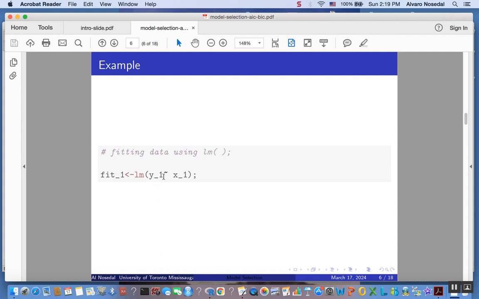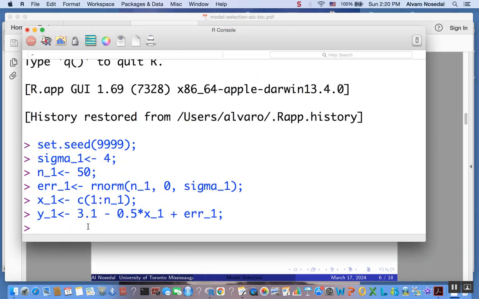First, you need the response variable, then you have this tilde here, and your predictor or predictors. In this case, it's a simple linear regression, so we only have one predictor. Then we're going to be assigning the result from fitting that model to an object that I am naming fit_1. Okay, let's copy paste this.